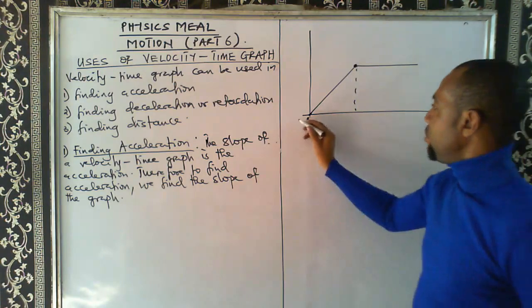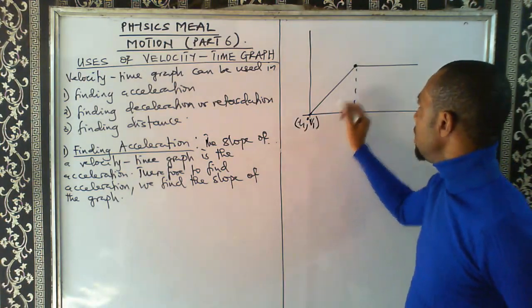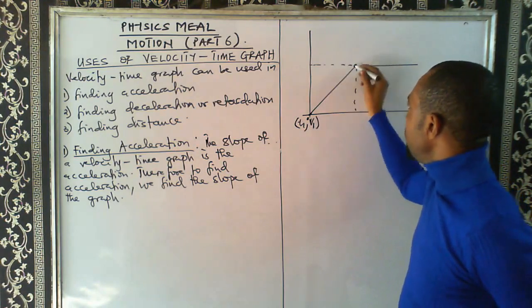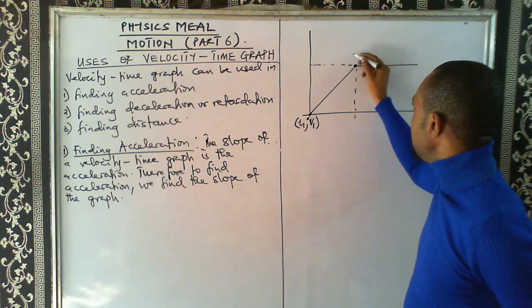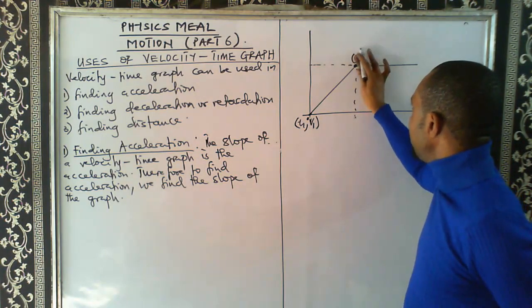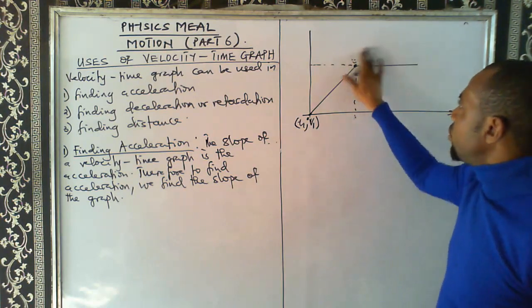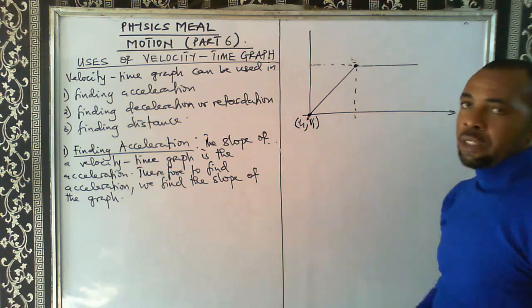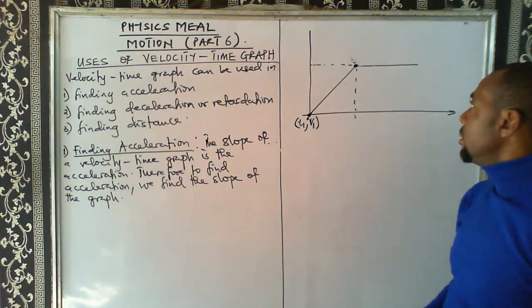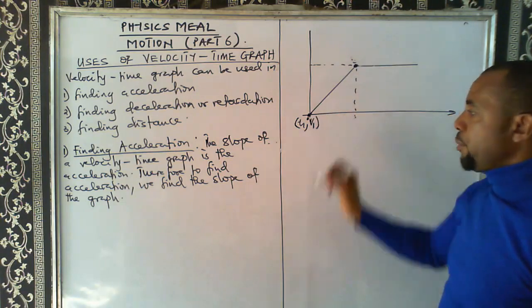At this starting point, we have initial time and we have initial velocity. At this end point also, if you come down here, you have your time, and you also have your velocity. So there are 2 points, point 1, the starting point, and point 2, the end point.